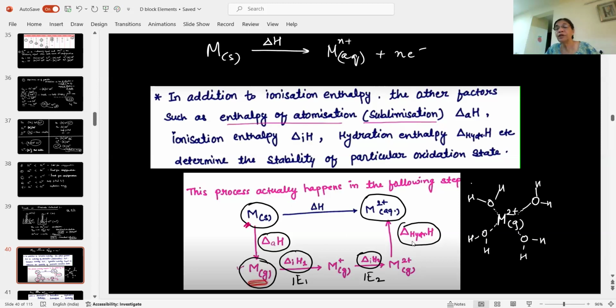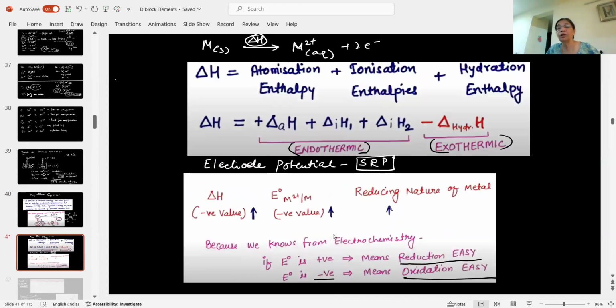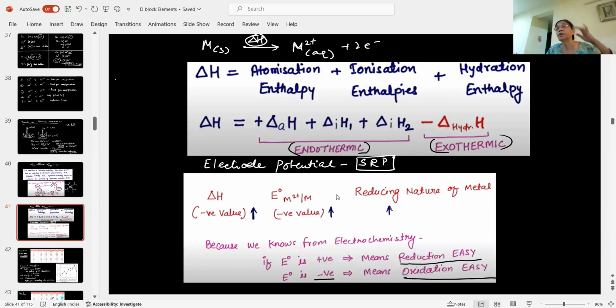So the sum of all these energies decides the value of delta H, and this value of delta H is important to understand the electrode potential. If the negative value of delta H is high, then the negative value of the electrode potential is high. Electrode potential is generally taken as reduction potential.